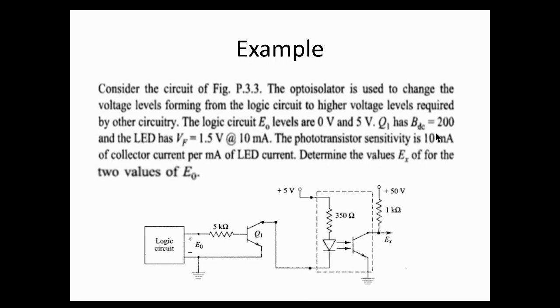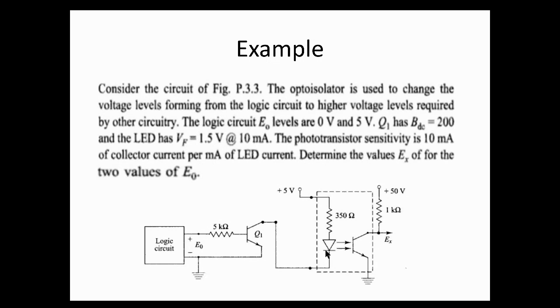So we're using our transistor here with a gain of 200, and an LED, right? So this LED, I told you, needs 1.5 volts at 10 amperes. This is typically what the manufacturer will tell you, right?